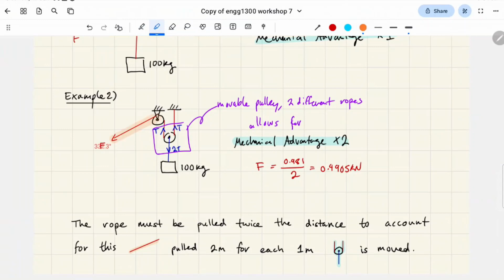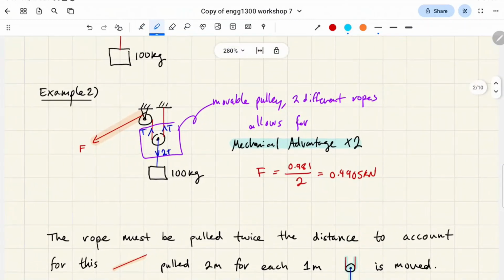Here it has to be pulled twice the distance as over here, so that whole moving pulley is moving the same displacement. So for each 2 meters of the part that I've highlighted in orange, you pull 1 meter for the part I've highlighted in blue, pretty much.